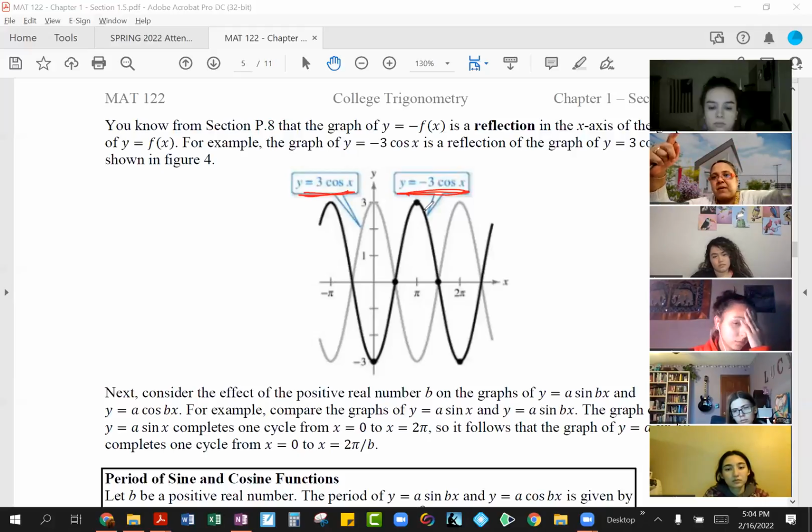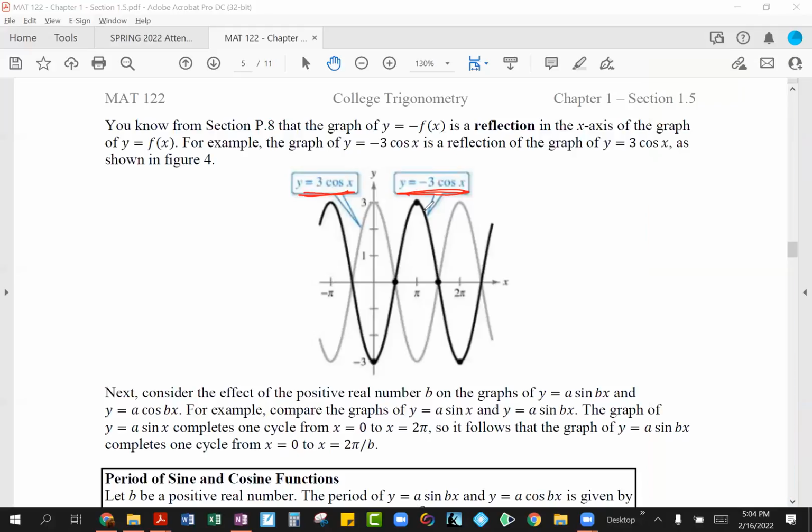If a point is above the x-axis, it ends up falling below the x-axis, or vice versa. Here, this point was a maximum in the positive 3 cosine of x. It now ends up becoming a minimum on the negative 3 cosine of x function. So look at all of these, because this is your line of reflection. Imagine this is where the reflection is happening.